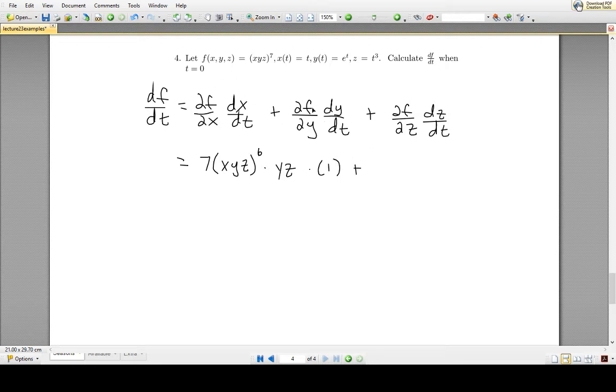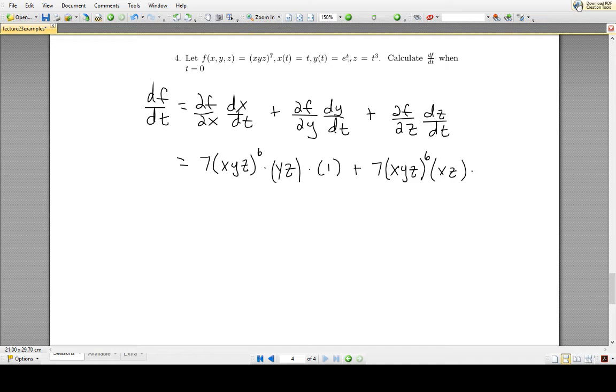The second piece is the derivative of f with respect to y. So here's f again. So the derivative of f with respect to y is 7 (xyz), the 7 comes down, reduce the 7 to a 6, and now we take the derivative of the inside with respect to y, so this becomes xz, times the derivative of y with respect to t.